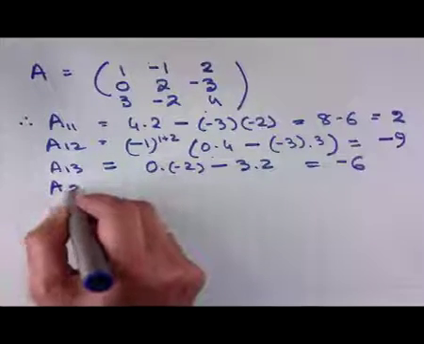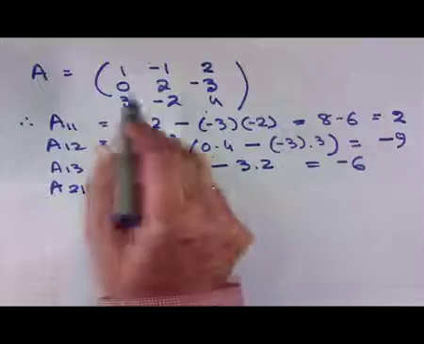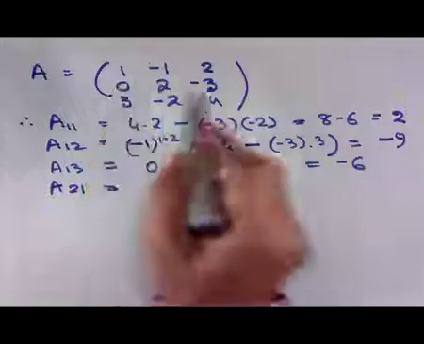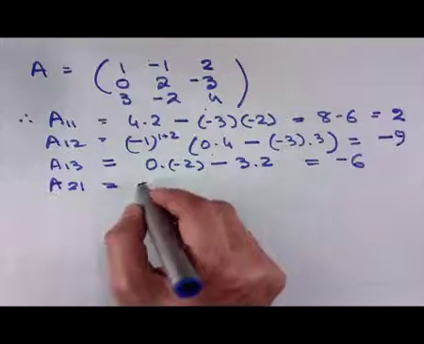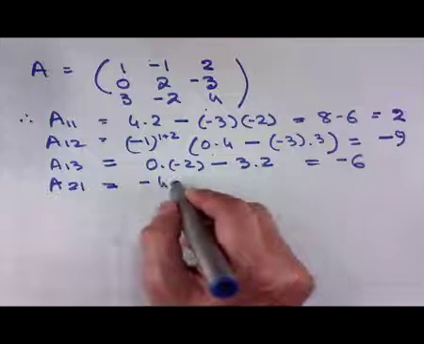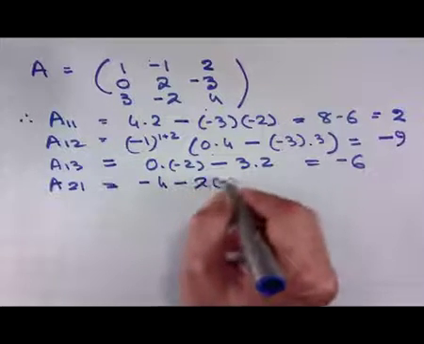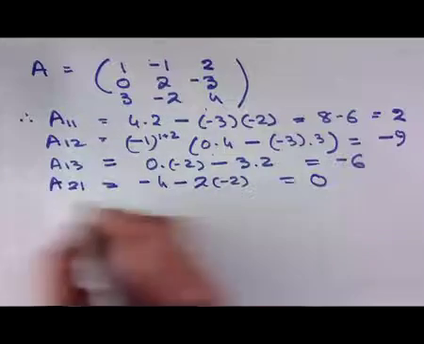A21 is equal to minus 4 minus 2 into minus 2, is equal to 0.